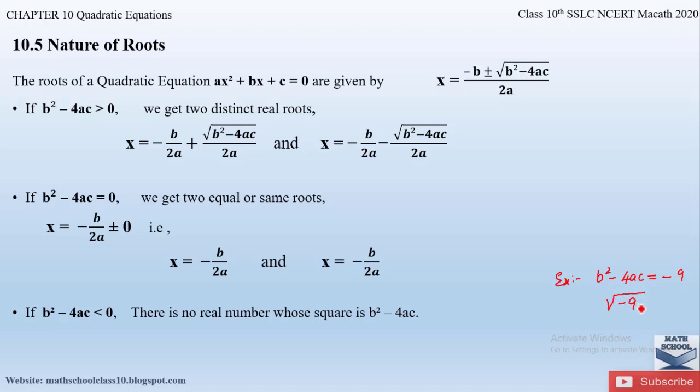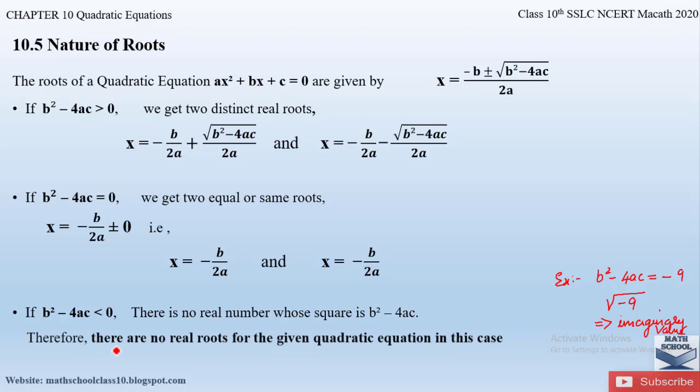So this will become some imaginary value. Therefore, when b square minus 4ac is less than 0, there are no real numbers whose square is b square minus 4ac. So there are no real roots for the given quadratic equation in this case.